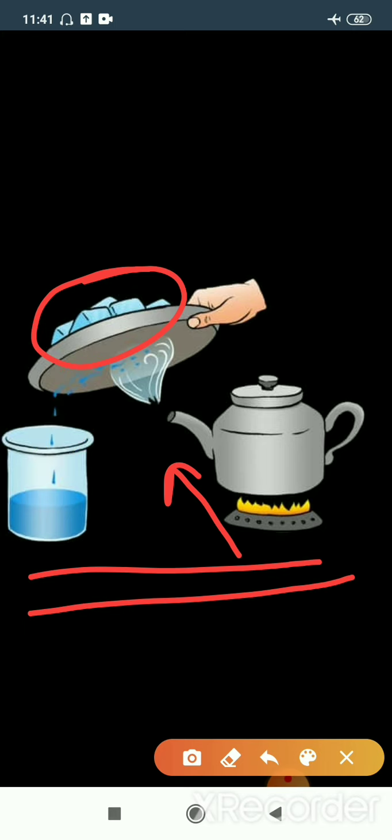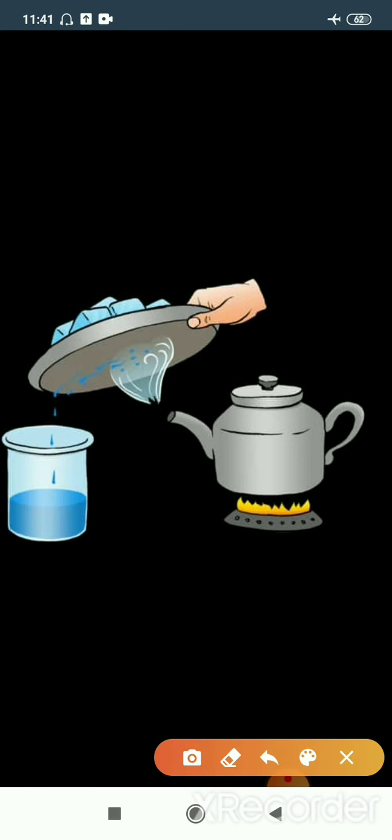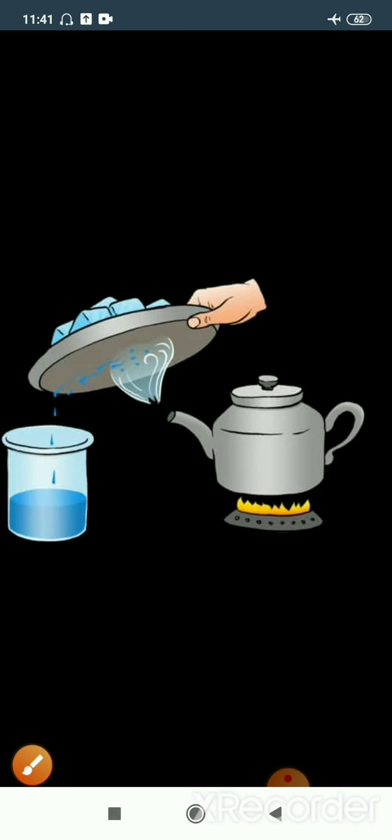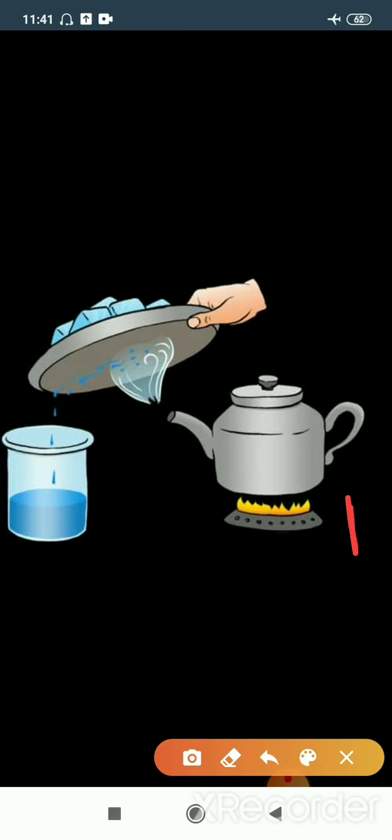So here what we have to do is take that salty water in this kettle, and provide heat. You can see here the gas burner is on, and this gas burner is providing heat to this kettle.